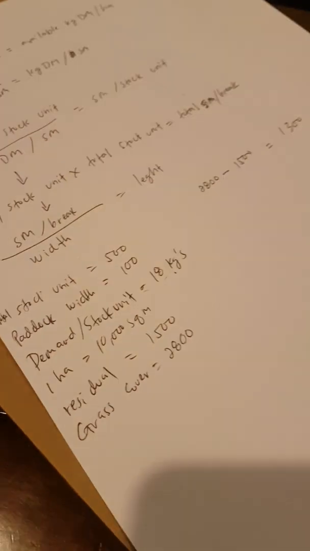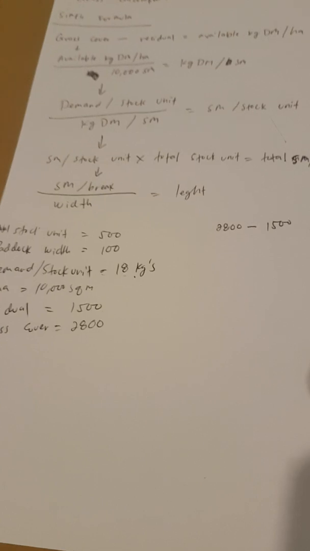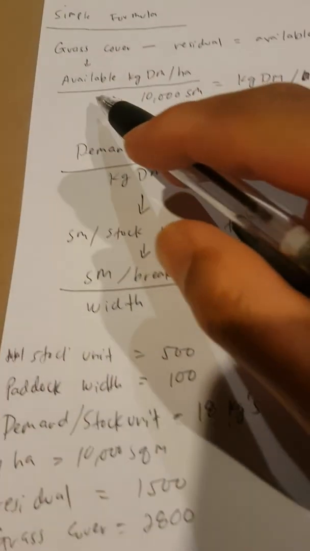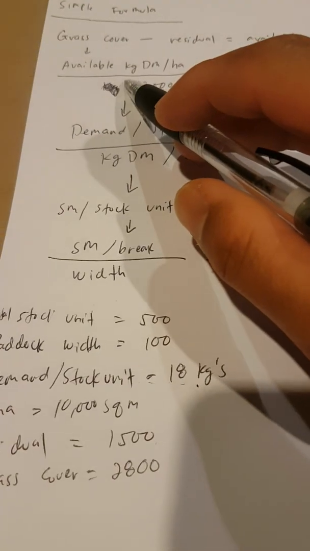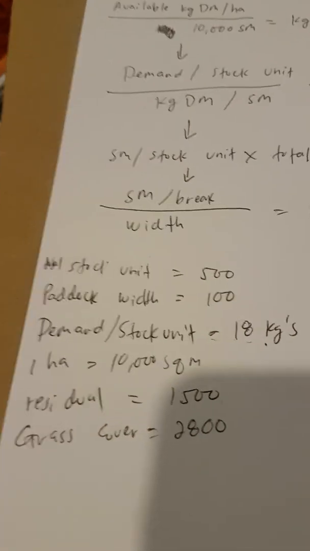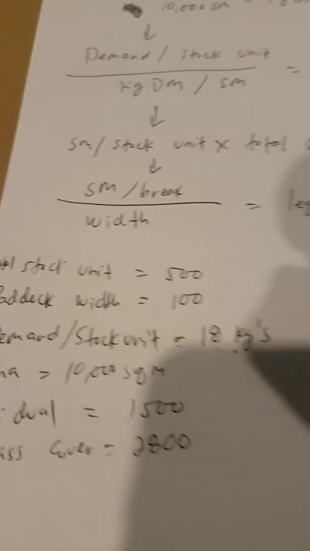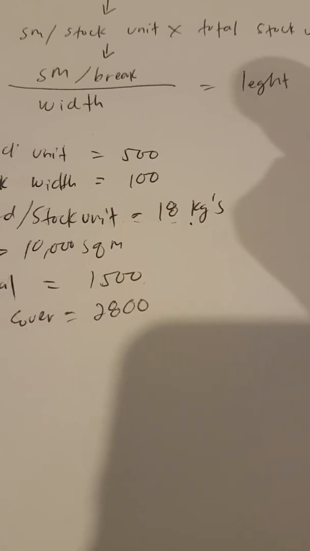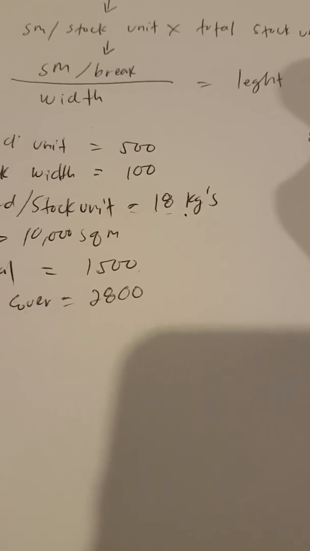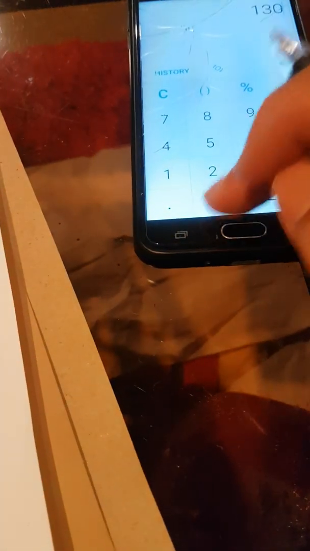Next step is to get our available kilogram dry matter per hectare. So we divide that by 10,000 square meters: 1,300 divided by 10,000 equals 0.13.